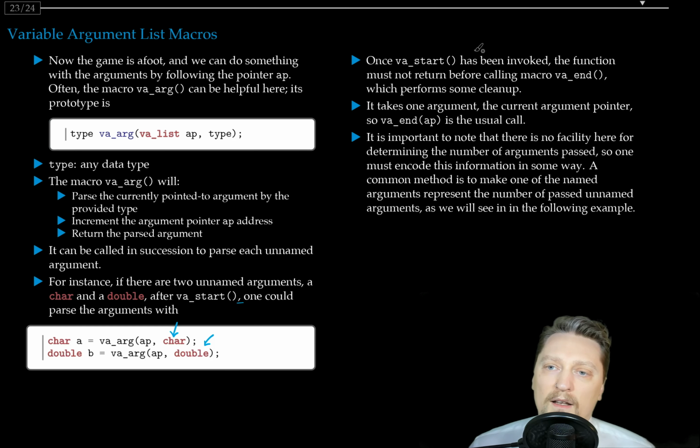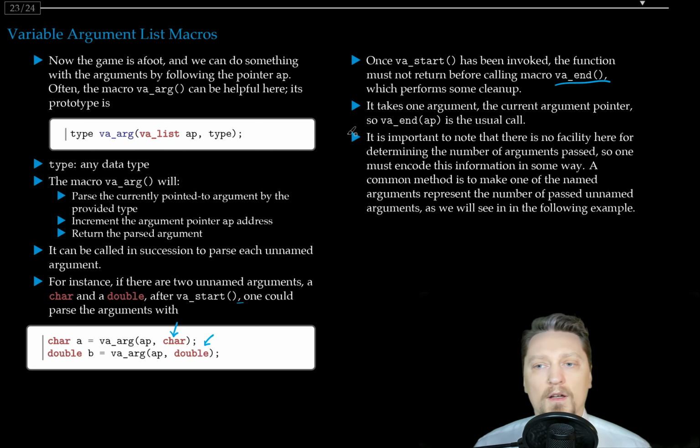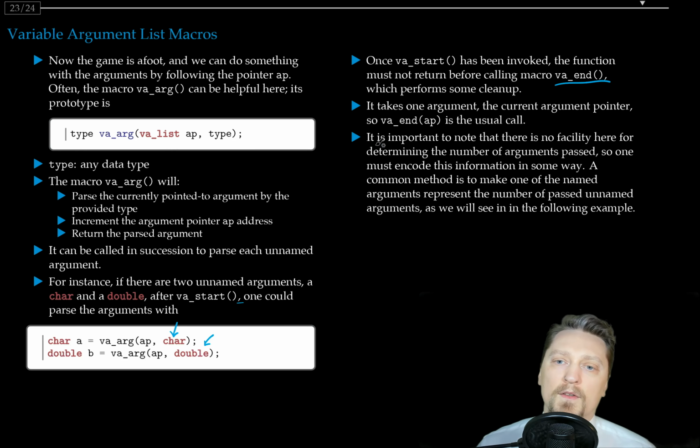Once va_start has been invoked, the function must not return before calling macro va_end, which performs some cleanup. It takes one argument, the current argument pointer, so va_end(ap) is the usual call.